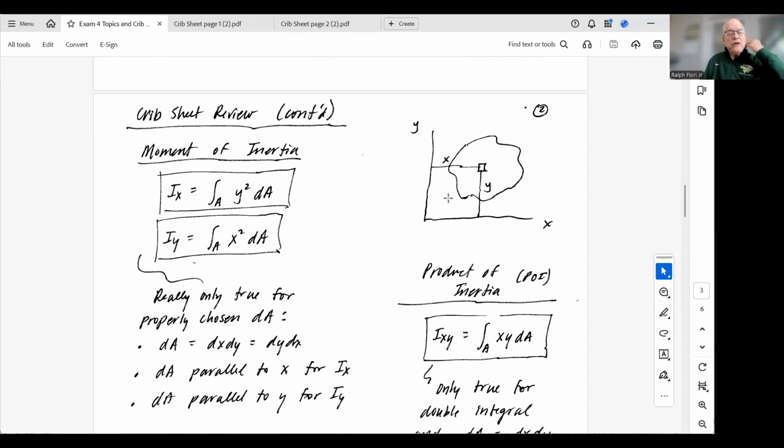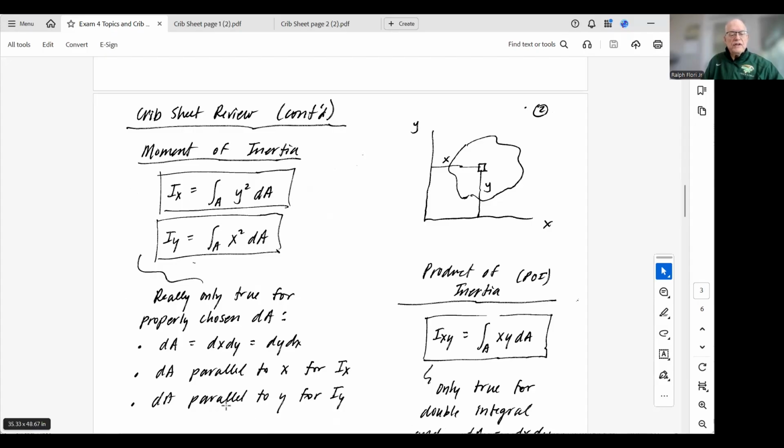If you look at the moment of inertia equations for a generic area, Ix is the integral over the area of y squared dA, Iy is the integral over the area of x squared dA. And these are true for a double integral, where your dA is equal to dx dy or dy dx. These are true if your dA is parallel to the x-axis, if you're finding Ix, where the entire element is at some y distance.